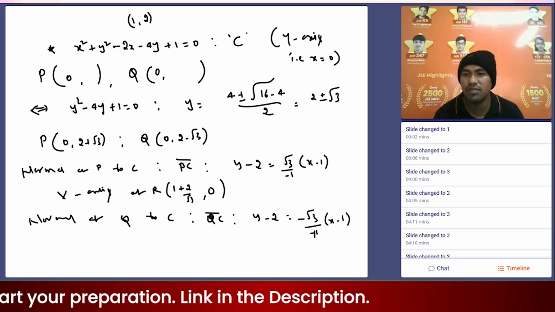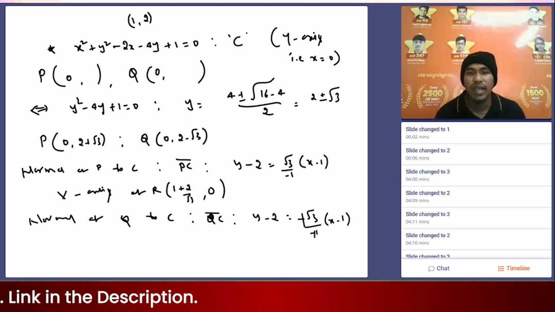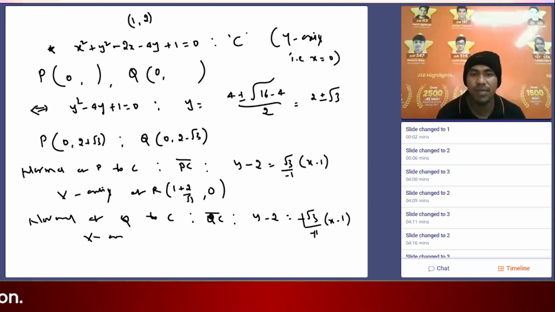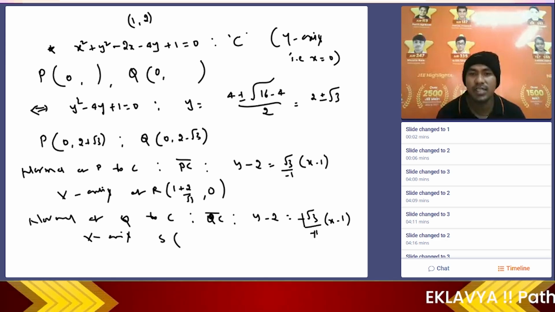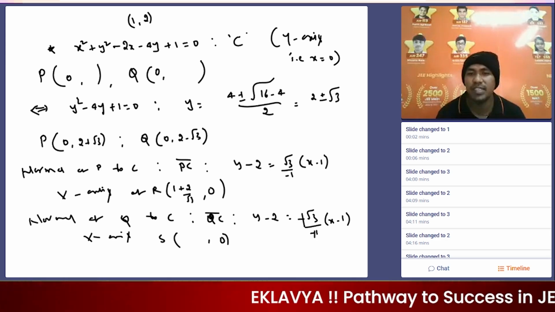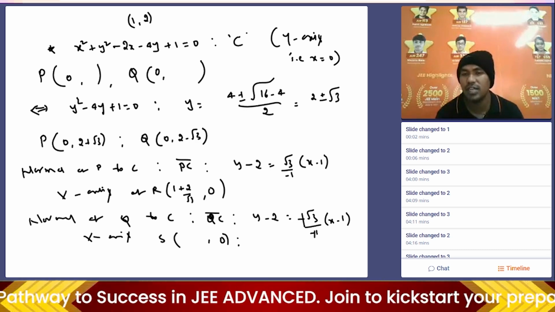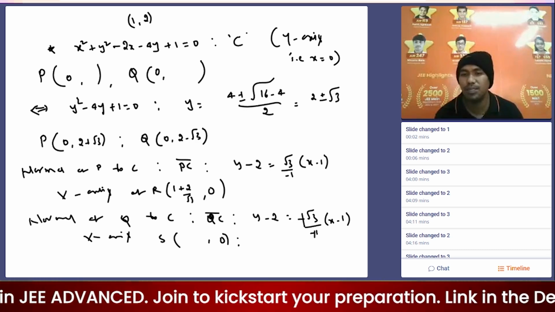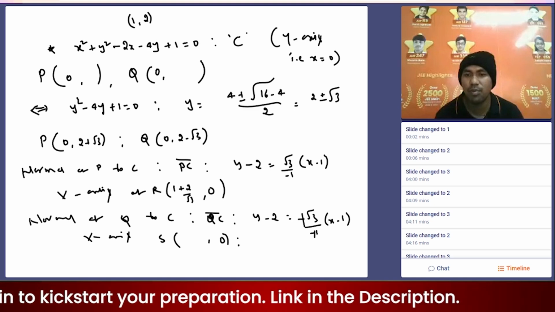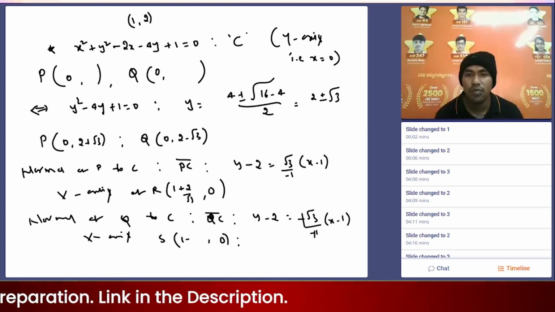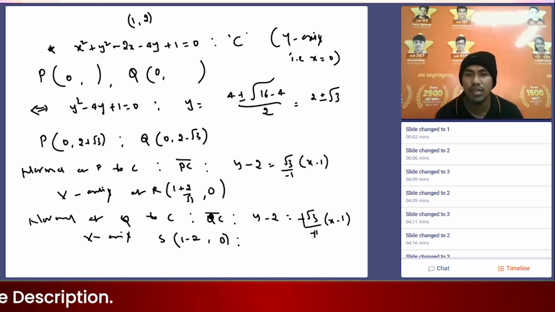So the minus will get cancelled here. Then again it meets the x-axis at point S. When it is meeting the x-axis, the y coordinate will become 0. If I substitute y equals 0 here, then minus 2 by root 3 plus 1. That means the S point will become 1 minus 2 by root 3, comma 0.